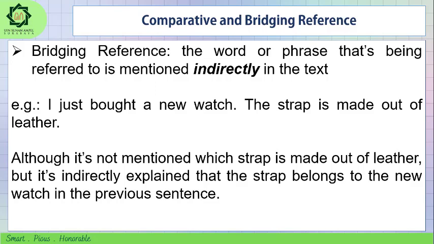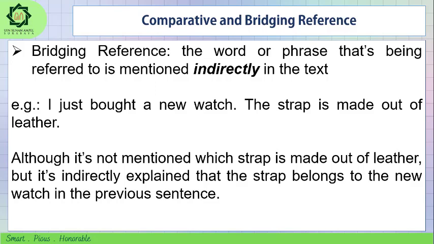And then, bridging reference. The word or phrase that's being referred to is mentioned indirectly in the text. For example, I just bought a new watch. The strap is made out of leather. Although it is not mentioned which strap is made out of leather, it is indirectly explained that the strap belongs to the new watch in the previous sentence.